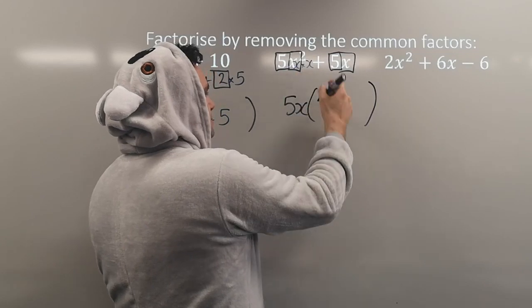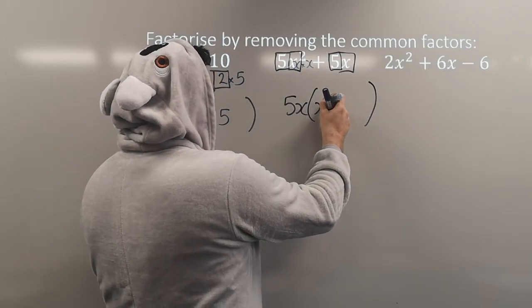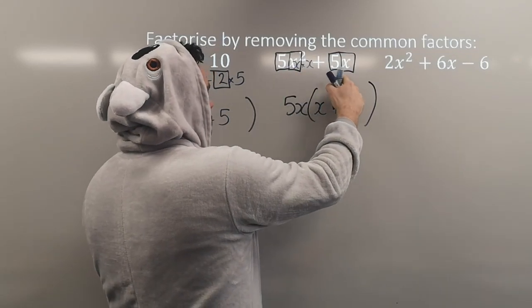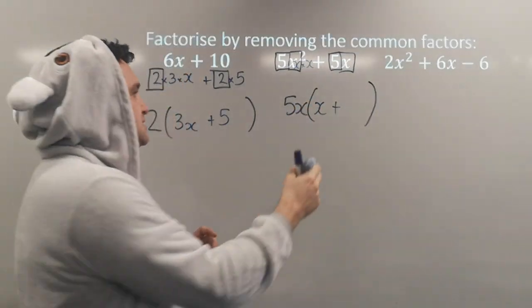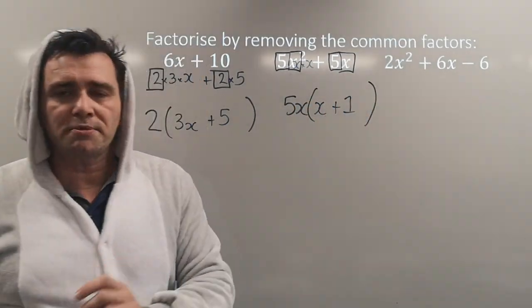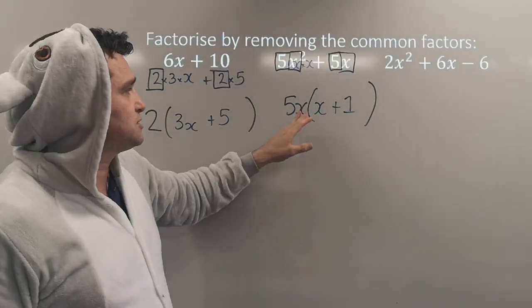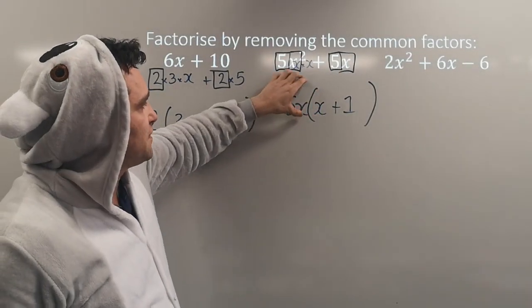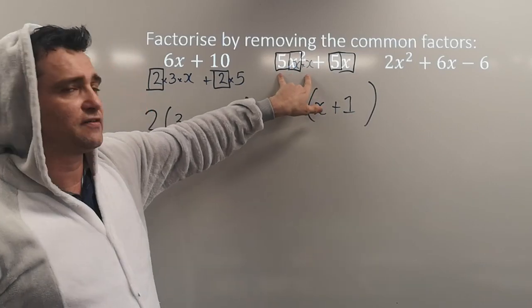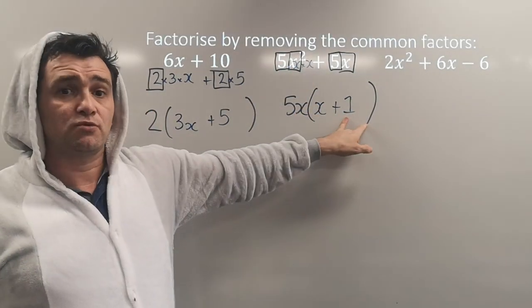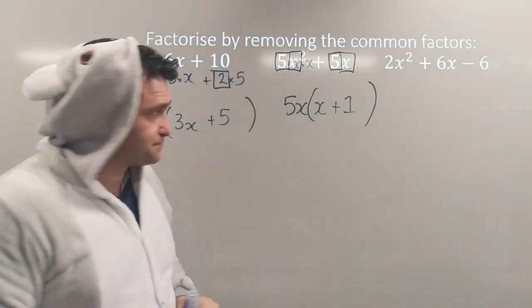And what's left? x plus 1. A common mistake people make is dividing 5x by 5x and getting 0. No, because it has to work in reverse. 5x times x is 5x squared. 5x times 0 would be 0, not 5x.